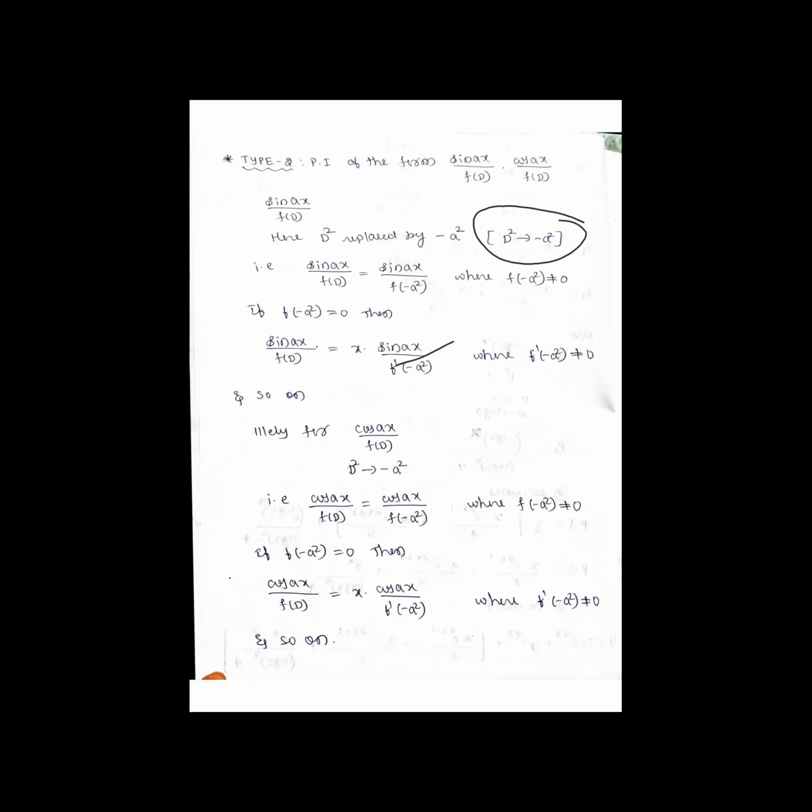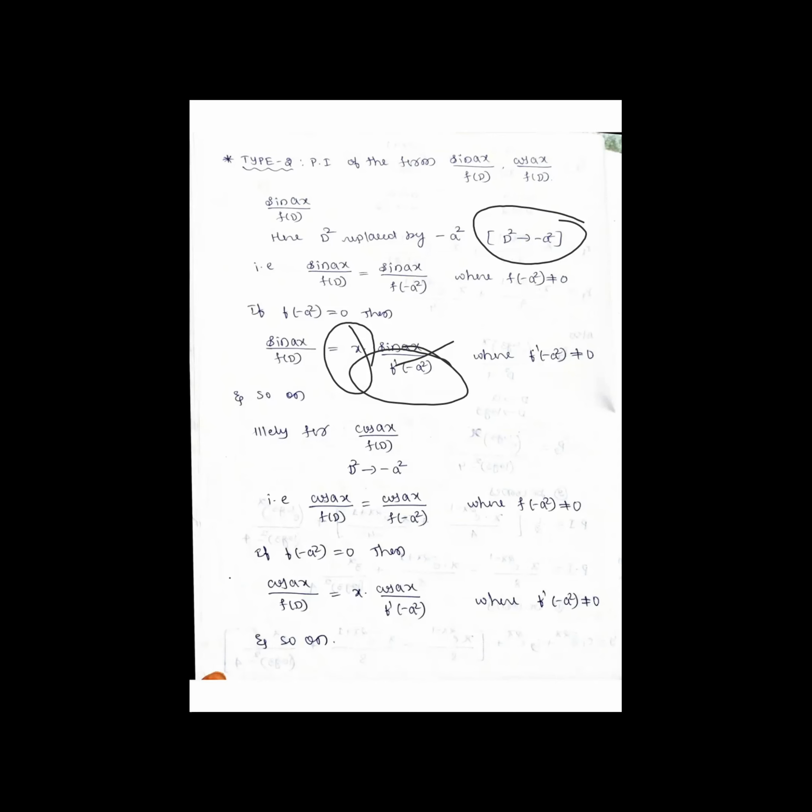So if the denominator is equal to 0, I have to multiply by x. Same procedure: I multiply by the independent variable and differentiate the denominator, and that process will be continued. If the denominator is not equal to 0, stop the process there. In short, it is the same procedure, but D square we replace by minus a square.